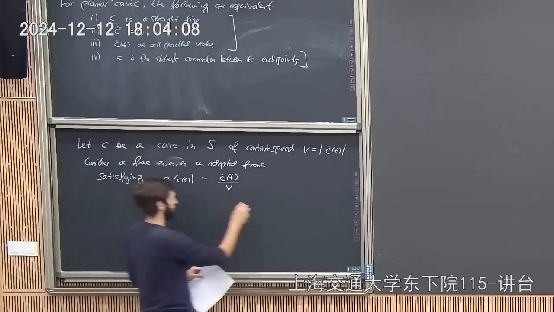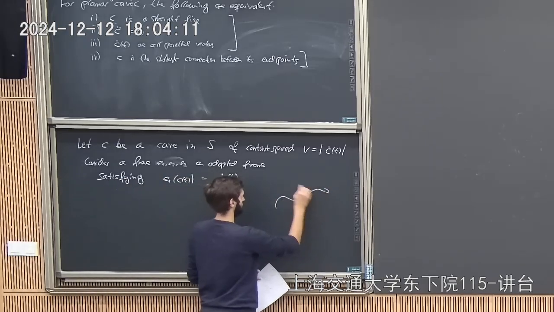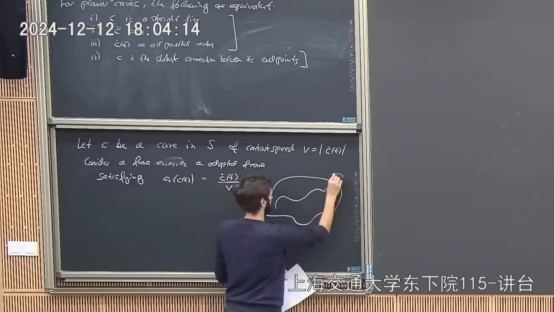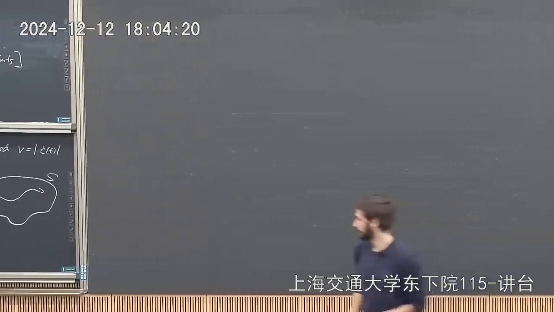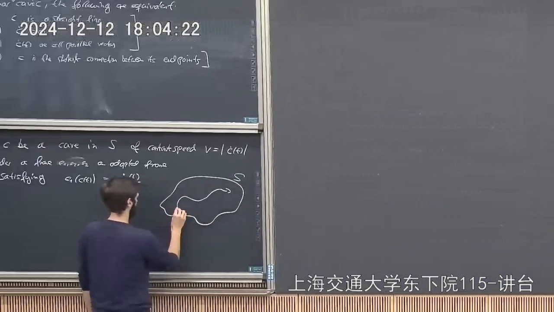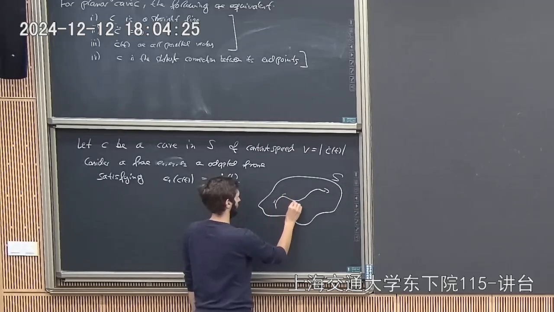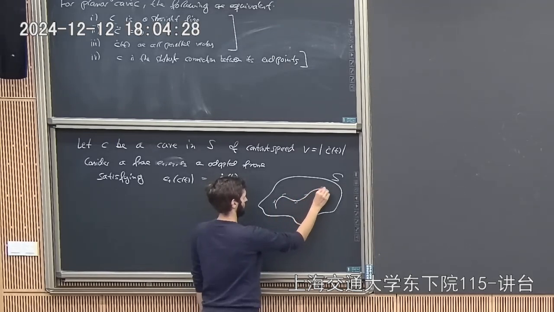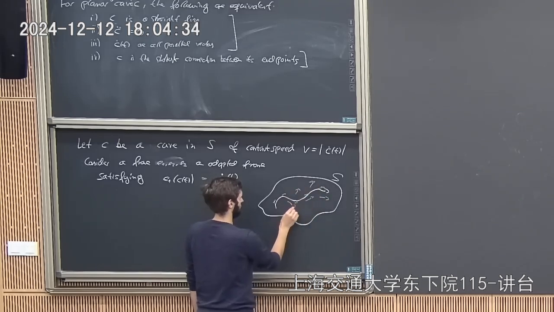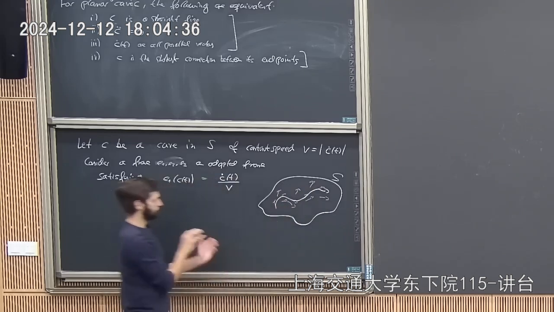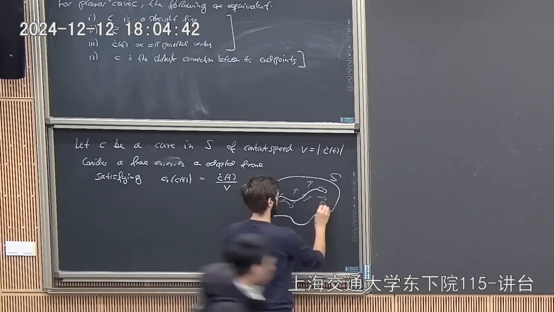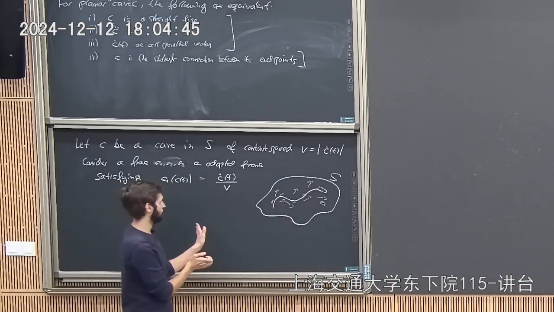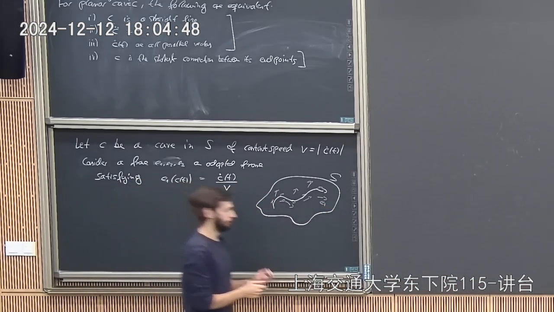So the picture is you have a curve in S, and E1 has to coincide along the curve with the tangent vector, but apart from that, you can freely choose whatever you want. But it's nicely smooth, and if you restrict it to the curve, it's exactly the tangent vector. So that's E1. E2 is some vector that is orthogonal to that, and E3 is pointing out of the blackboard.